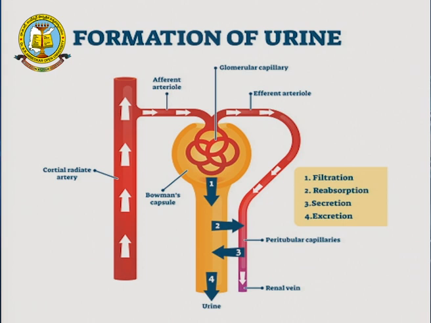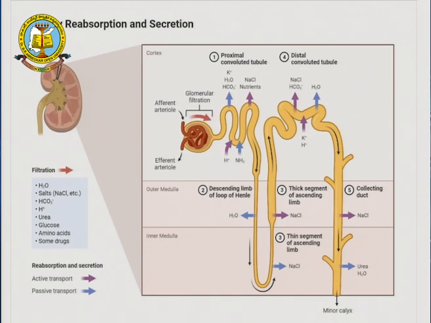Secretion is of whatever waste products come from the blood vessel. Excretion is of whatever contents are required, concentrated into the urine. Now, this is the overall kidney reabsorption and secretion mechanism.